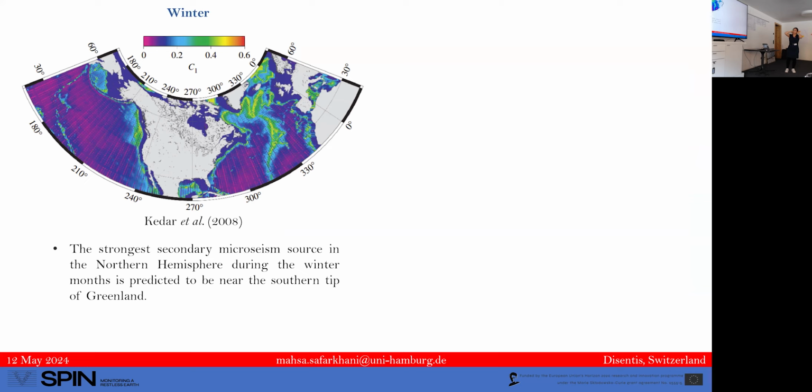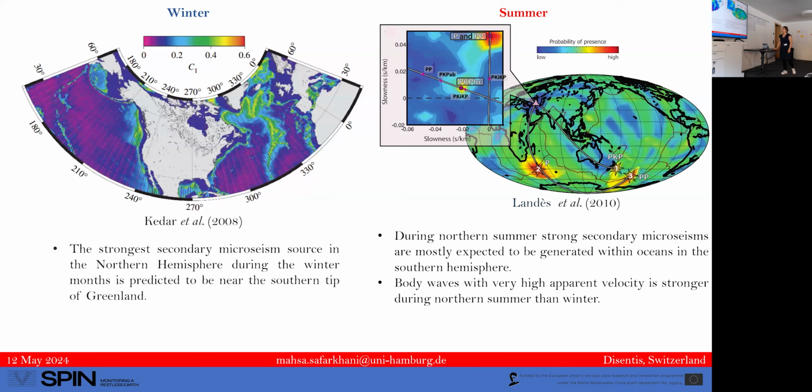Regarding the wintertime, we know the stronger secondary microseism sources in the northern hemisphere are related to the southern tip of Greenland and the North Atlantic Ocean, for example in studies of the Europe region. However, for the summertime, most studies showed very distant sources from the southern hemisphere.